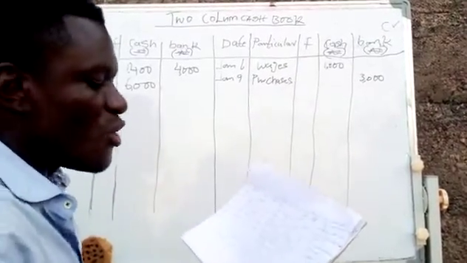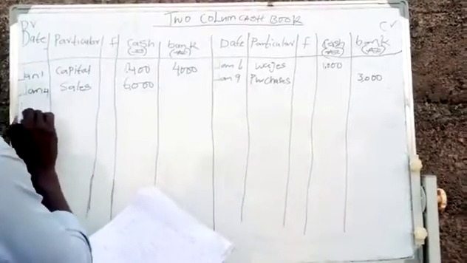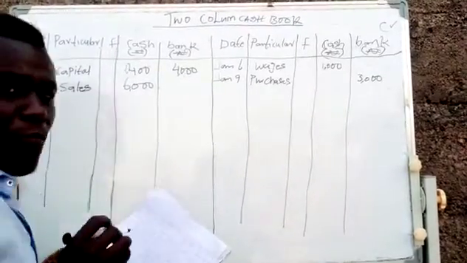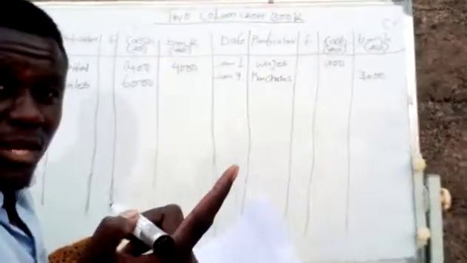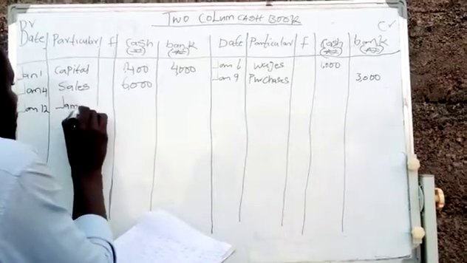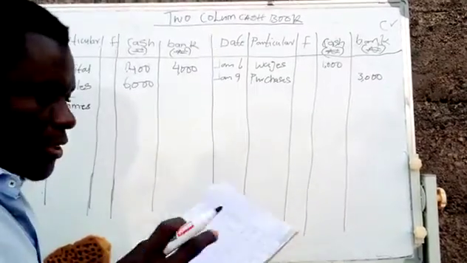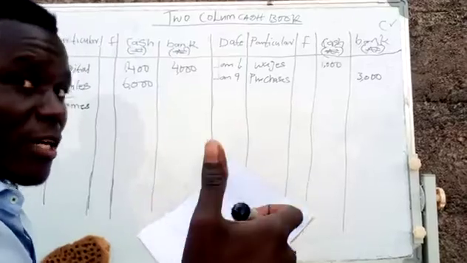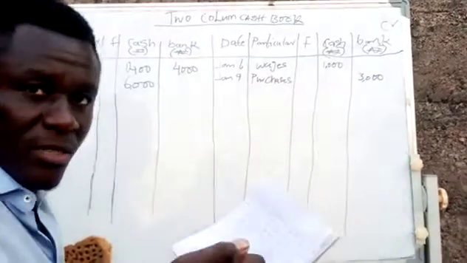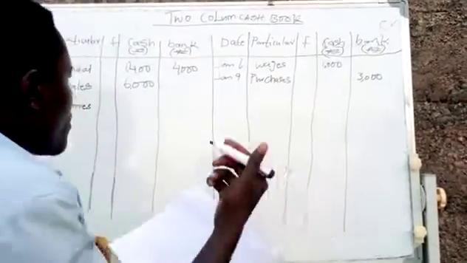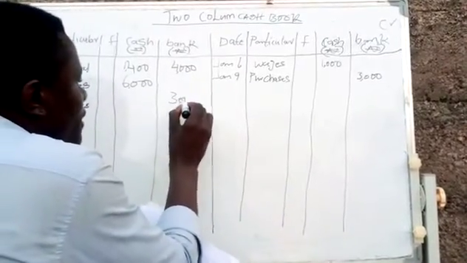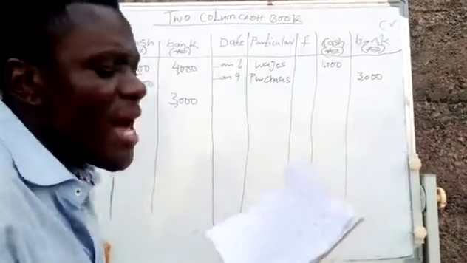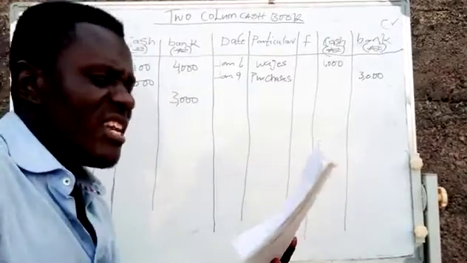So on January 12th, you received a check from James, then your particular is going to be James. Then you received a check, so it's going to be under bank, because it is a receipt. Then you put the 3,000 under bank. Then we have the next question.